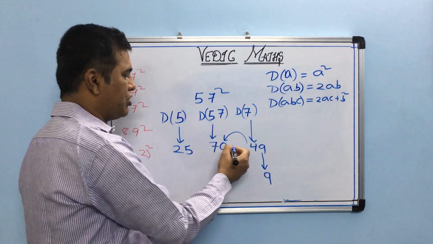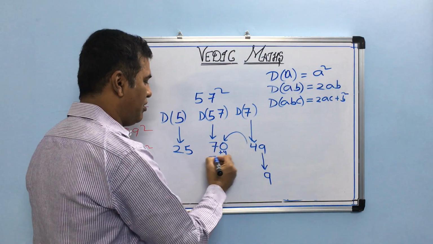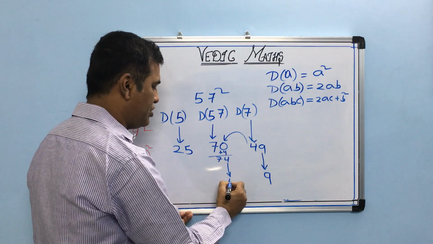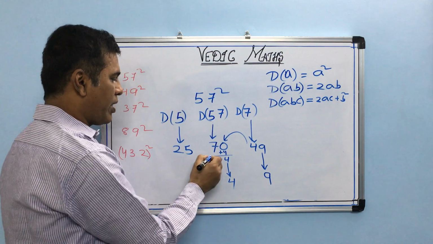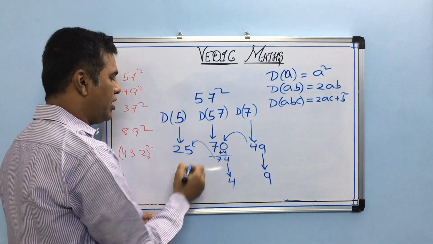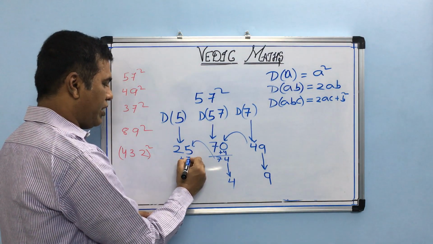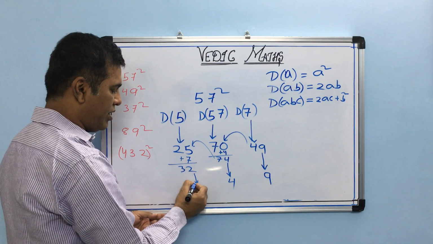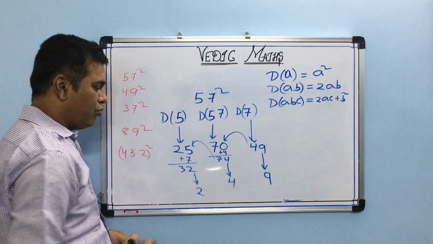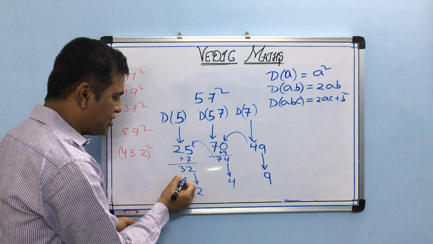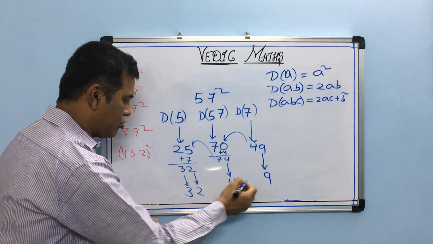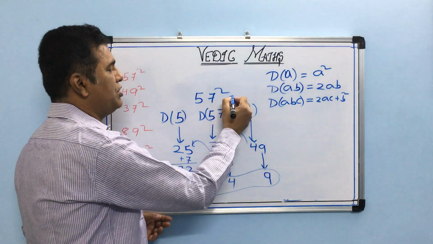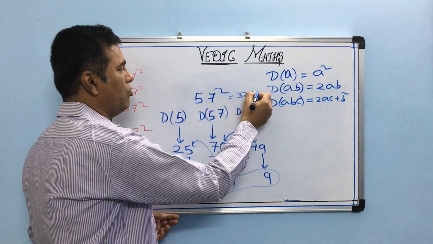So 70 plus 4 becomes 74, and from 74 we bring only 1 digit, that is 4, and this 7 will be carried forward. So 25 plus 7 is 32, and from here 2 will come down, and 3, the last digit, will also come down. So our answer is 3249. So 57 square is 3249.